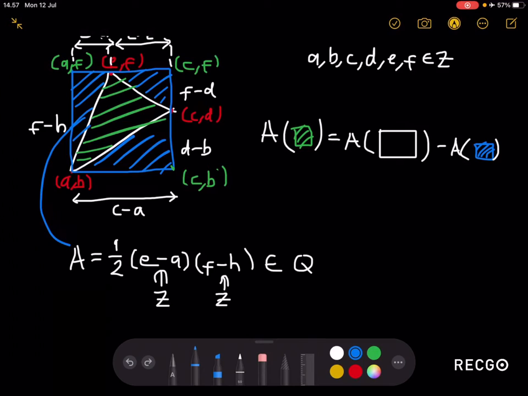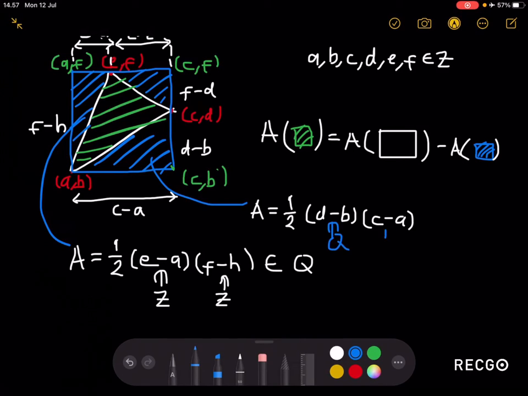We can do a similar thing for each of these areas. Perhaps I'll just do one of them: we have a half times (d minus b) times (c minus a). Both of these terms are integers, so the resulting area is rational, for the same reason, since we have a multiple of a half on the front.